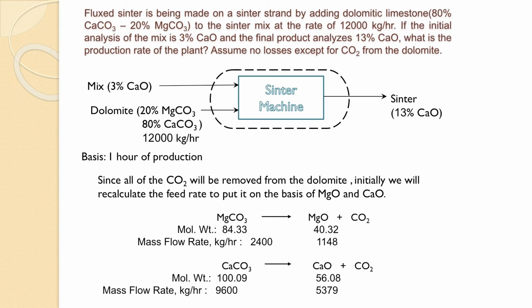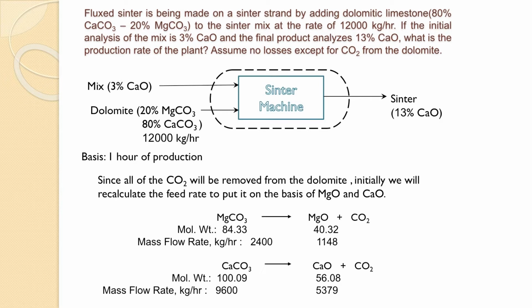So, we know 3% CaO is there in the mix. So, we can make a material balance figure, and we are putting in dolomite at 12 ton per hour, which is containing 20% MgCO3 and 80% calcium carbonate, and the sinter which is coming out contains 13% CaO, which is given.